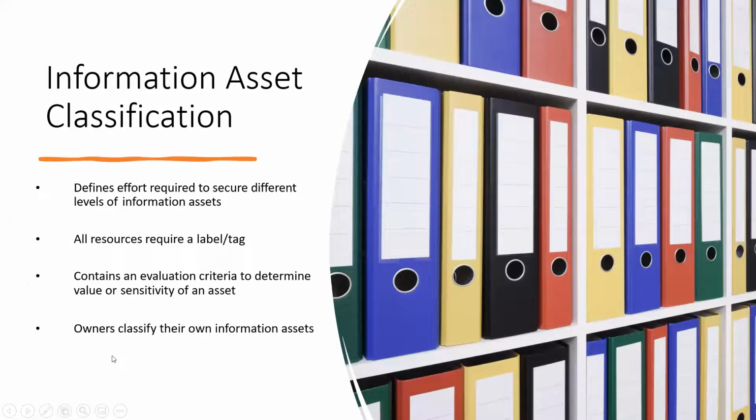And who is responsible for classifying information assets? It is the owner of the asset that classifies that information. For example, financial data could be classified by the chief financial officer or the head of finance.